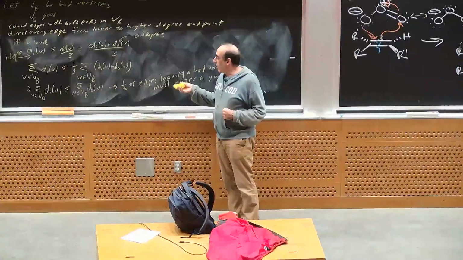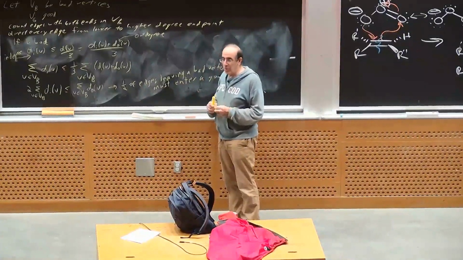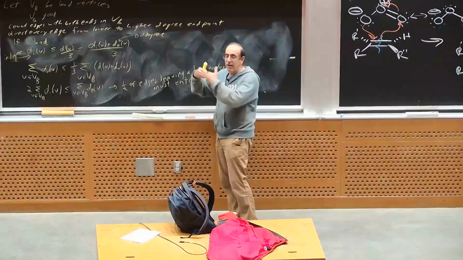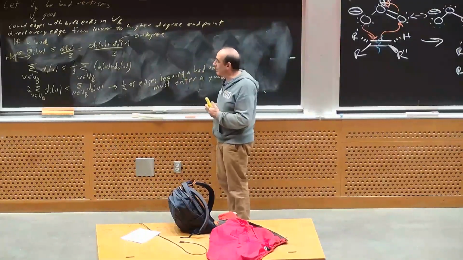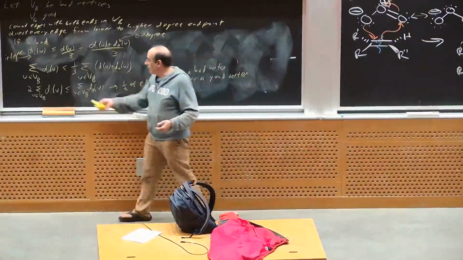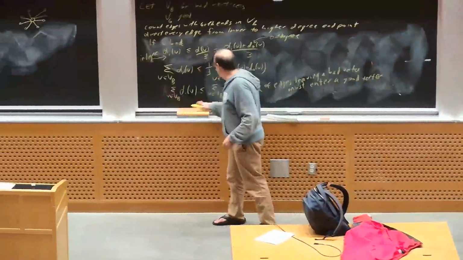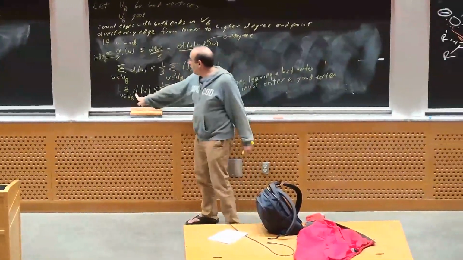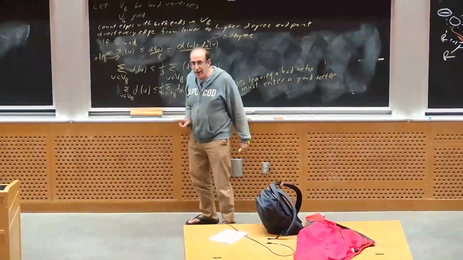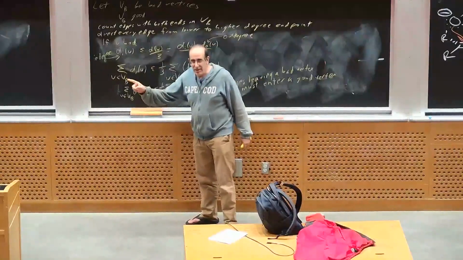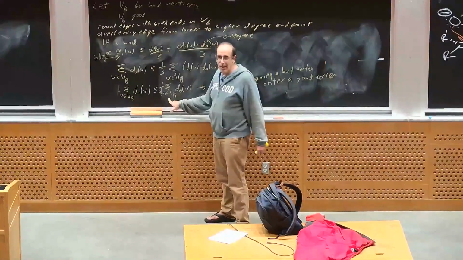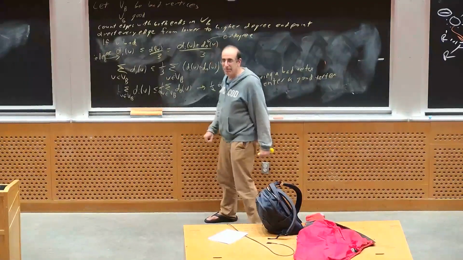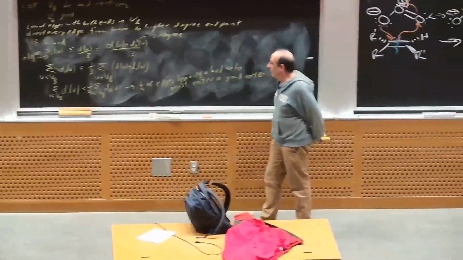And the argument is that in order to have both endpoints bad, since we've directed these edges, you have to leave a bad vertex and also enter a bad vertex. What we argued from this final result, which is more intuitive if I state it this way, is that if you look at all of the edges going out of all the bad vertices, only half of them can possibly be entering bad vertices. Okay?